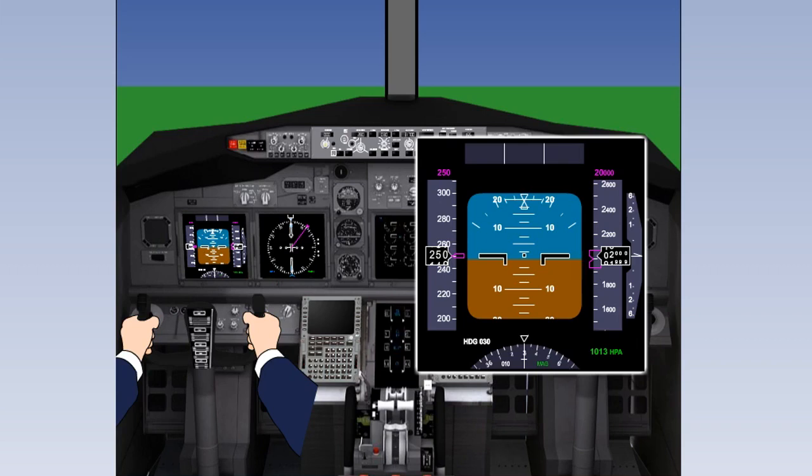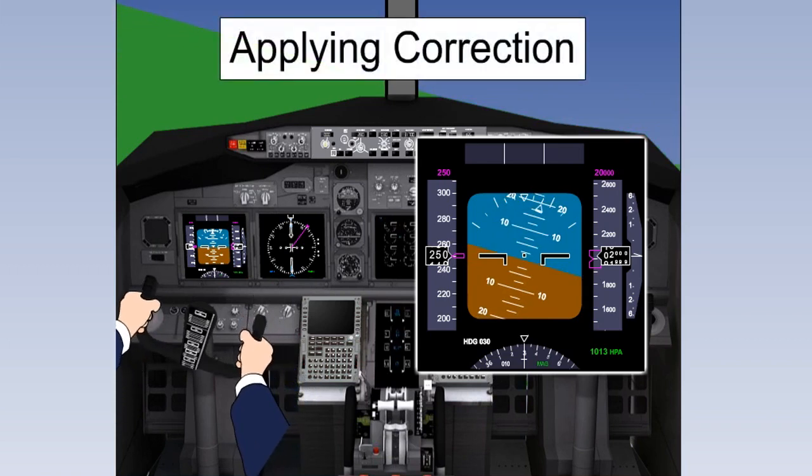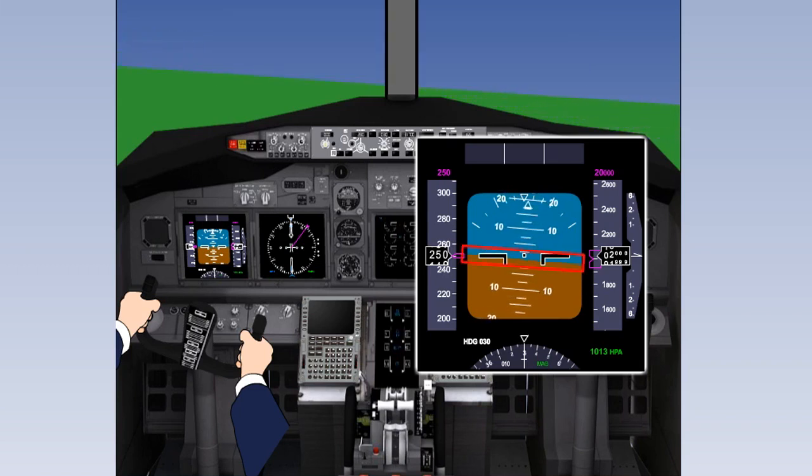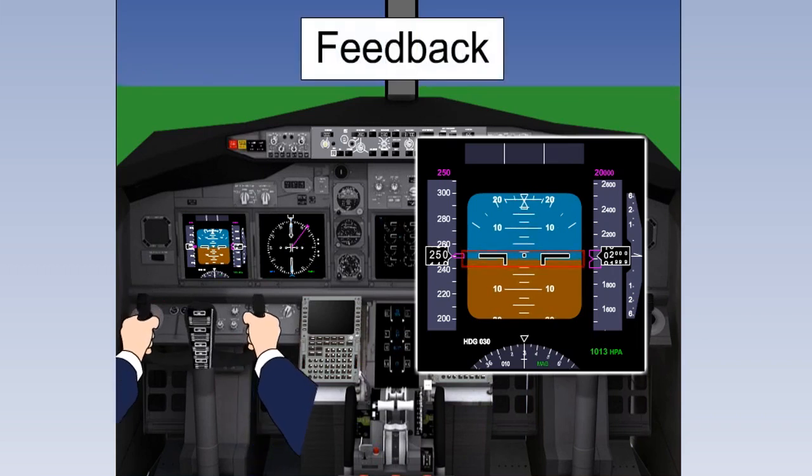This process can be referred to as a control loop, following a sequence of continuous events. Detection of a change from the required attitude, calculation of the correction required, applying that correction into the flying controls, checking the response of the aircraft, and removing the control input when the required correction has been achieved.